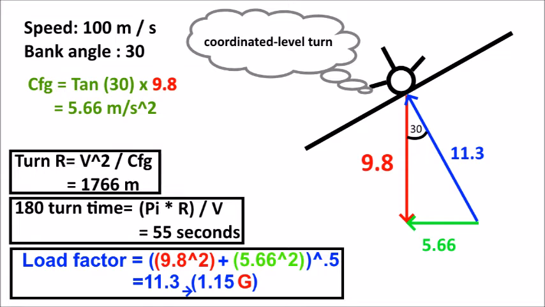And presuming there's a vertical acceleration of 9.8, then the summation of these accelerations will be 11.3, or 1.15 g. So these are the calculations, and when you go to reality, you find that these calculations match the reality. So yes, there's a 9.8 meters per second squared downward acceleration.